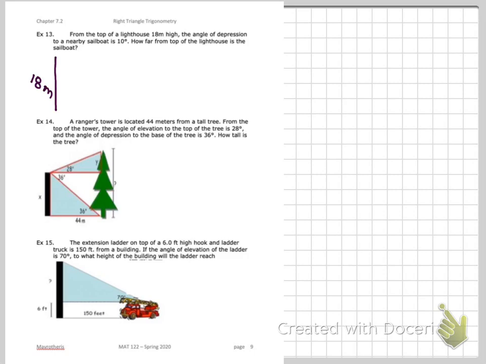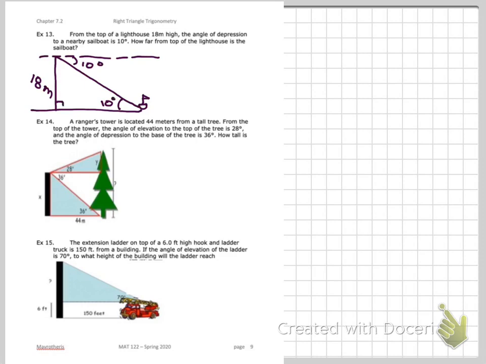The angle of depression to a nearby sailboat is 10 degrees. So here's my sailboat. The angle of depression, again, is always made with horizontal. So this is my 10 degrees. A little more useful if I write it down here and make this angle 10 degrees.